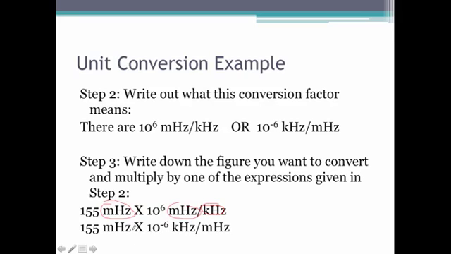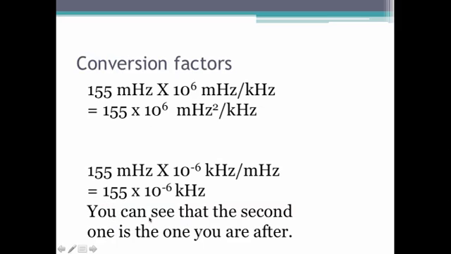But do the units I get make sense? Well, I've got millihertz here multiplied by kilohertz, but it's divided by millihertz. So the millihertz cancel each other out, and I'm left with kilohertz as my answer, which is what the question was. So this is actually the calculation that I'm going to use. If we move on here, in fact, this is the wrong one.